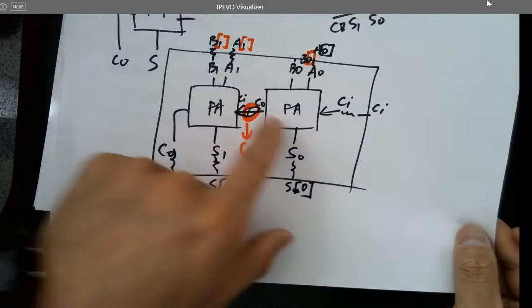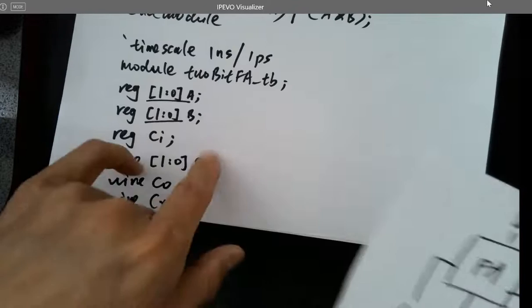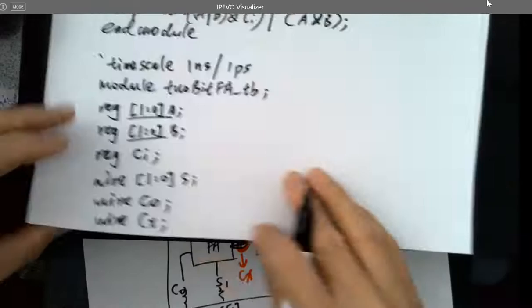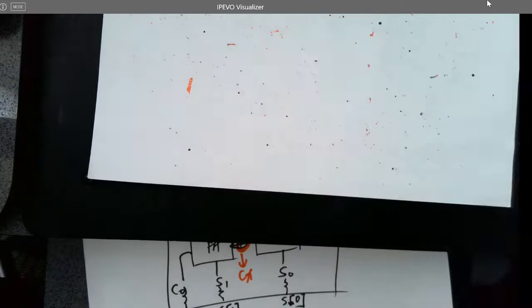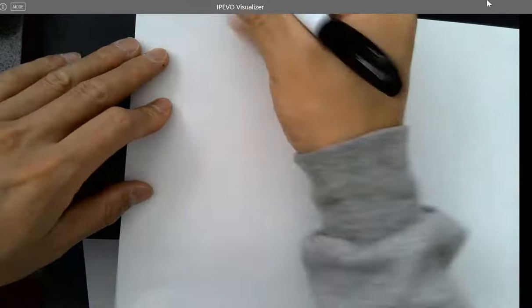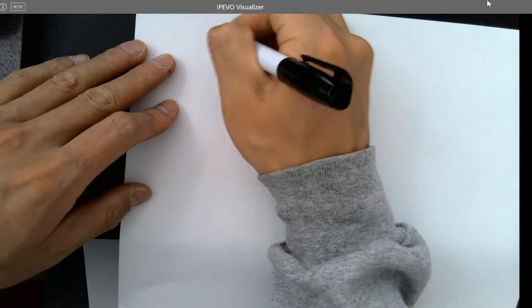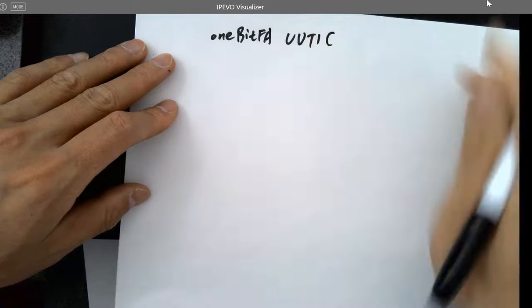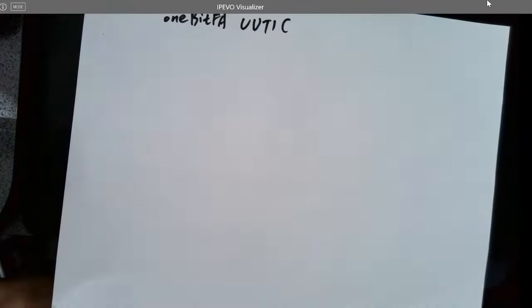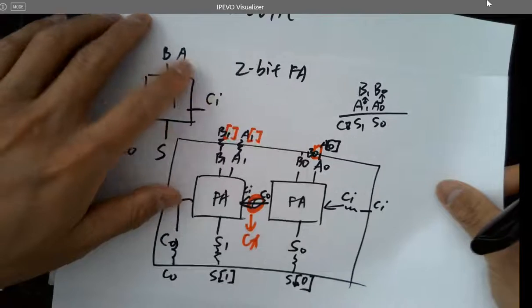Okay, then I'm going to instantiate these submodules in the test bench. So what's the name of it? 1-bit FA. So I'm going to do UUT1. So that's the first one.